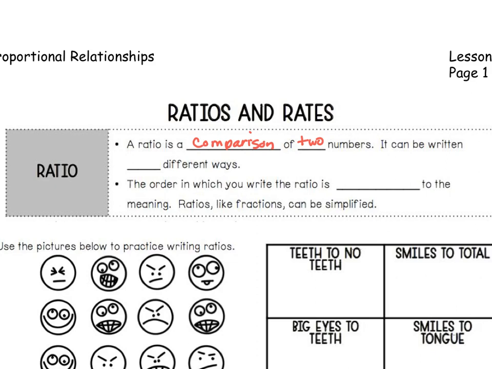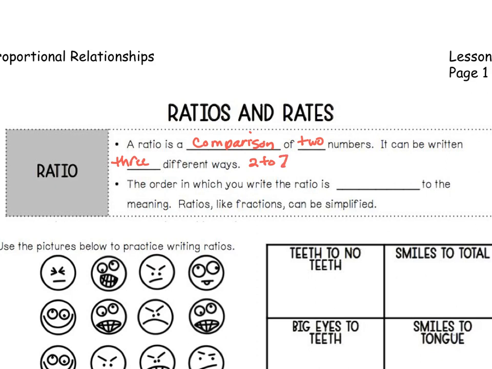And it can be written 3 different ways. An example of this could be if I use the days of the week, how many days of the week begin with S compared to all of the days. So I might say that there's 2 days, Saturday and Sunday, that begin with S compared to 7 days.